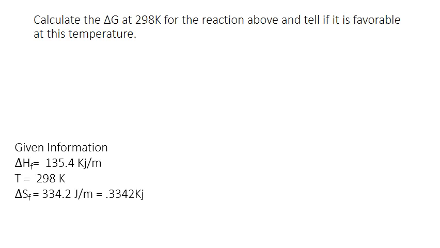In these problems, we have to convert delta S into kilojoules because delta H is given in kilojoules. To do this, it's very simple. You move the decimal 3 places to the left, so that would give us 0.3342 kilojoules. The next step is to plug it into our equation. The equation to calculate delta G is you're going to take your delta H value and subtract from that the product of the temperature and the delta S value.